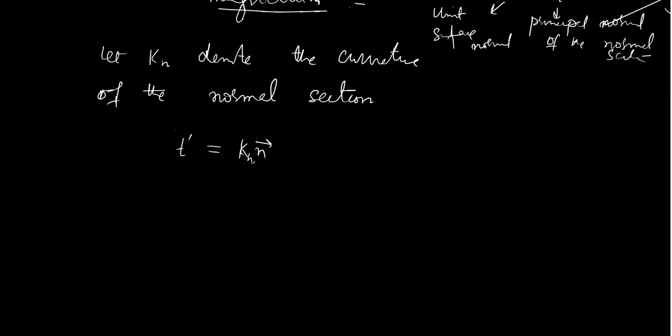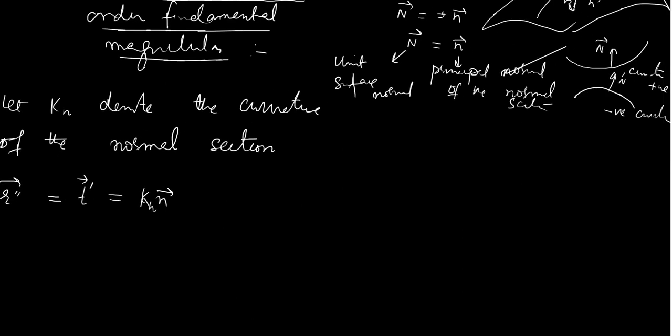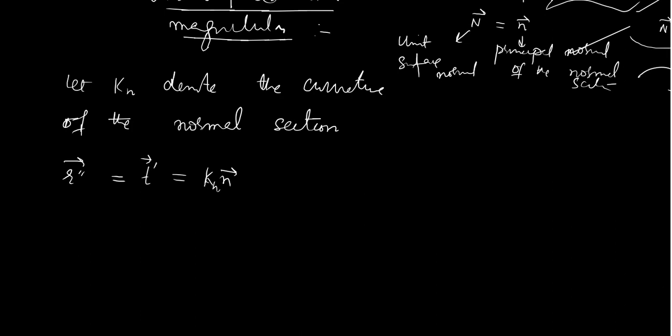So r double dash is equal to k n times n, but since by my choice of positive and negative curvature, I can write it as k sub n times this capital N. So r double dash is T dash, which is k sub n N, because k sub n is the curvature of this curve called the normal section.